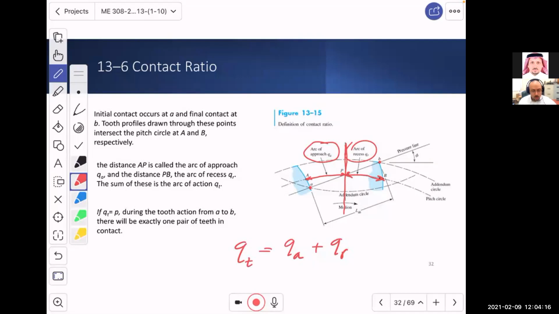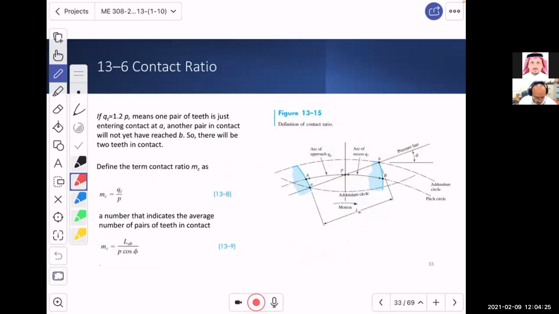Now, why are these arcs important? Because we define a ratio, mc, the contact ratio, which is the ratio of Qt, this major arc, divided by p, the circular pitch.